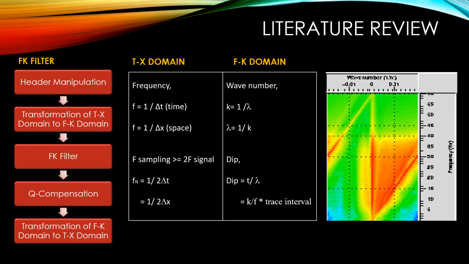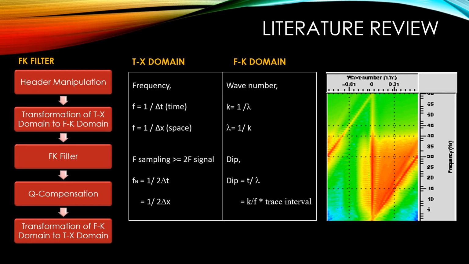Then, we conduct the FK filter according to the value that we set. After that, we do some Q compensation, or we gain the energy and amplitude that were lost due to the previous process. And now that we are satisfied with the outcome, we can transform the data back into the time-space domain.